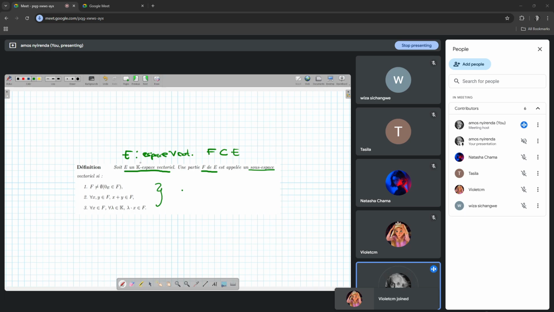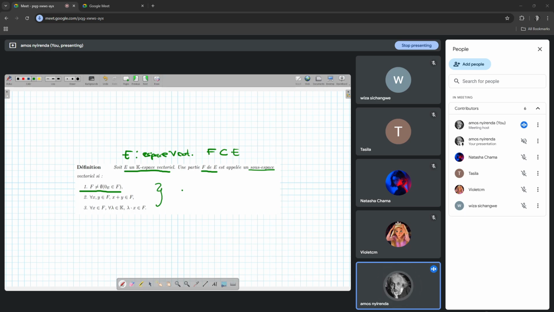Now F, a subset of E, is going to be a sous-espace vectoriel of E if it satisfies these 3 properties. Now the first property here says the zero element of E, which is l'élément neutre.